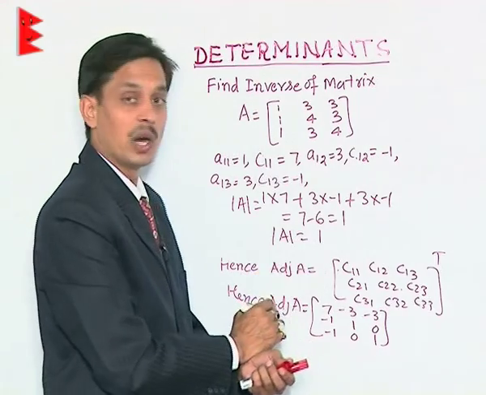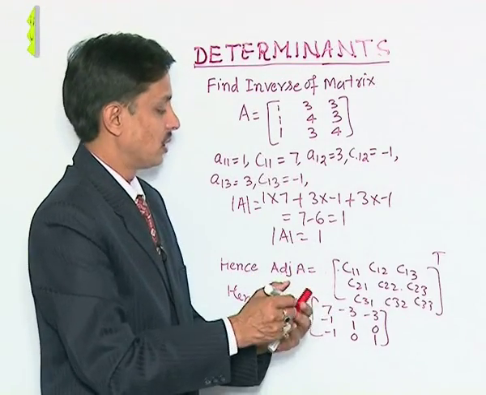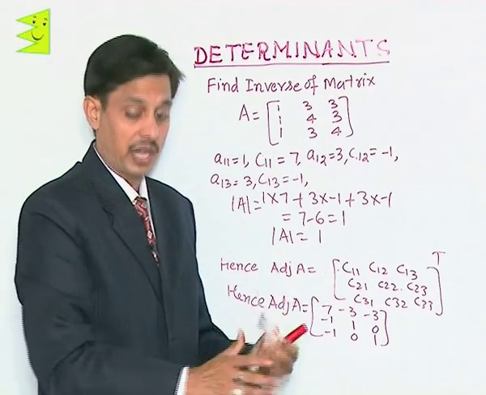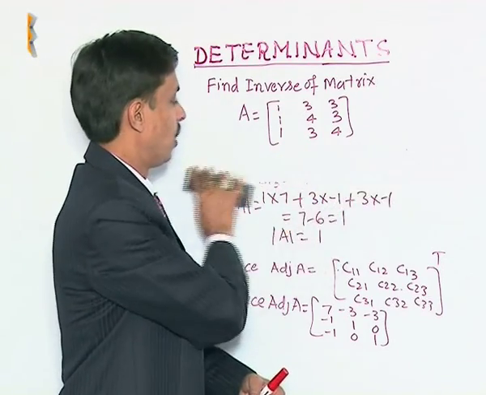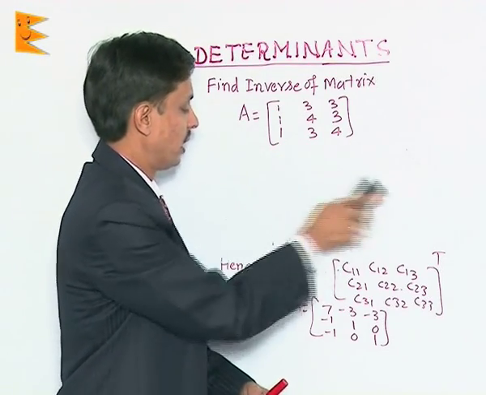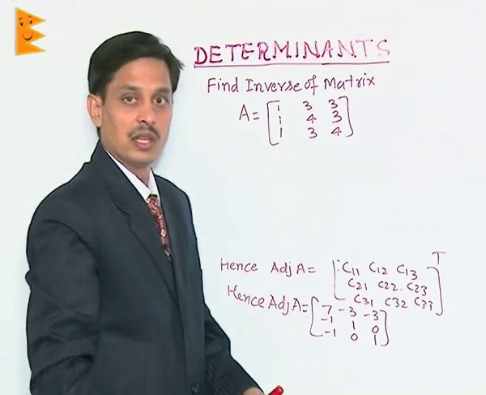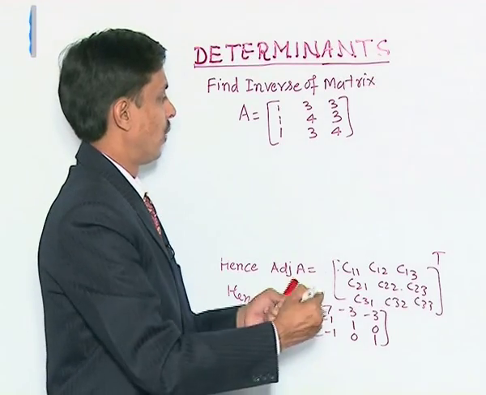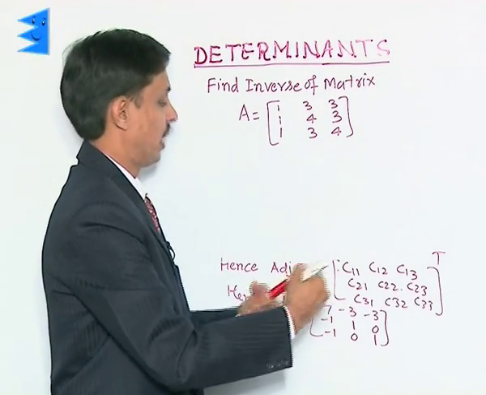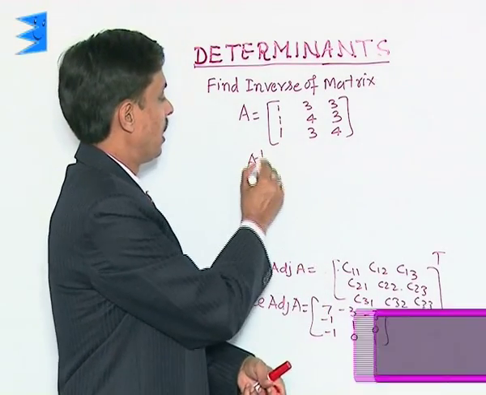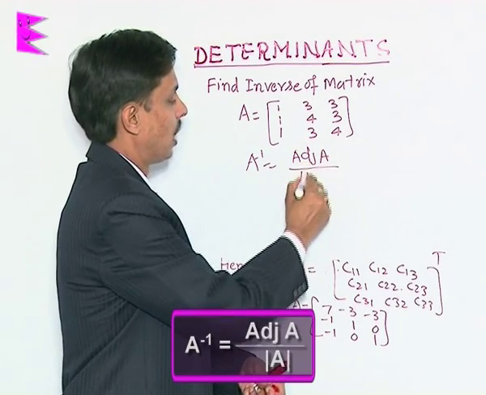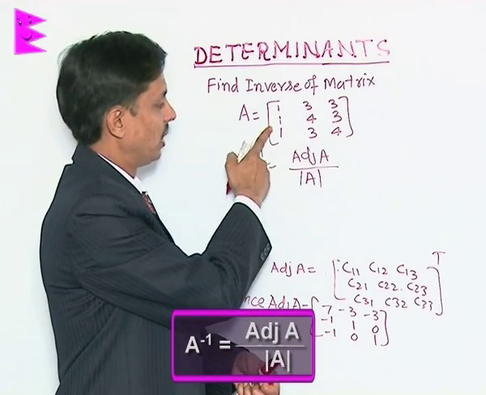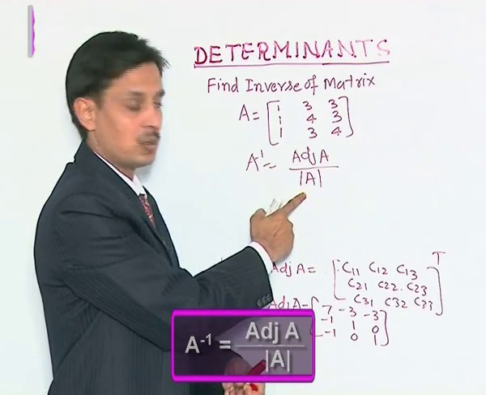The determinant of A is 1, and the formula for obtaining the inverse of a matrix is that the adjoint is divided by the determinant. The value so obtained is known as the inverse. A inverse equals adjoint of A upon determinant of A. In this case, the determinant is 1.